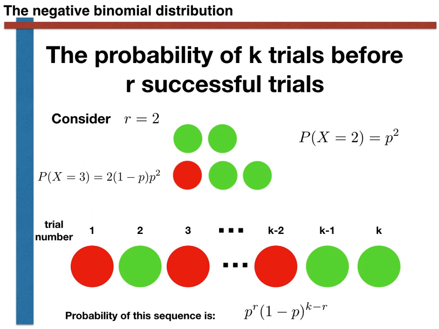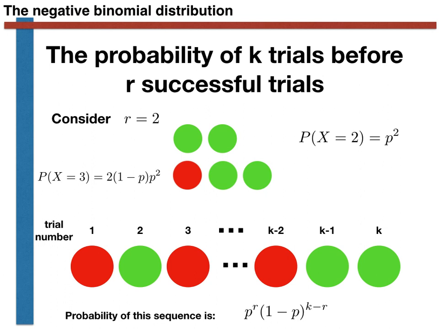We next note that the rth success must occur on the kth trial because we are looking for the probability that it takes exactly k trials for us to observe R successes. If the rth success had occurred on any earlier trial, we would have achieved the R successes that are required in fewer than k trials.